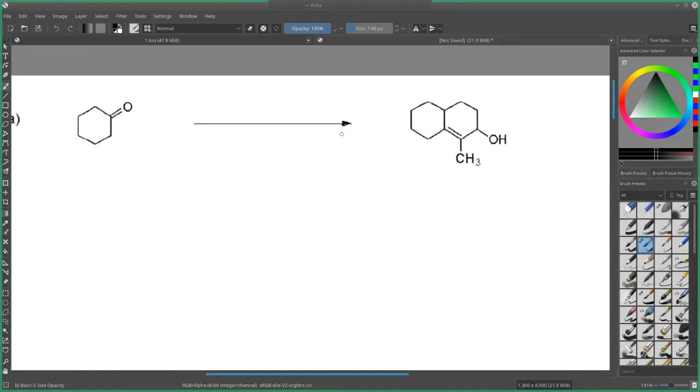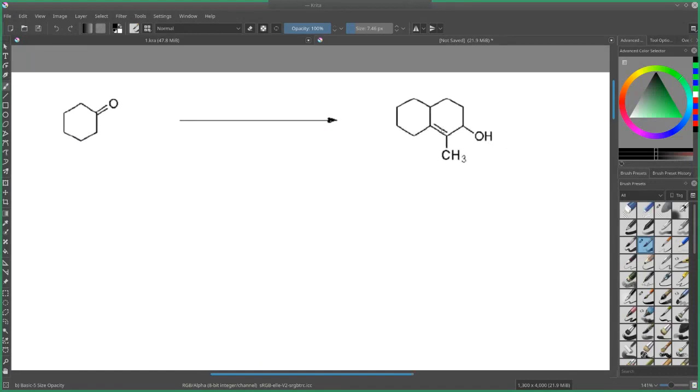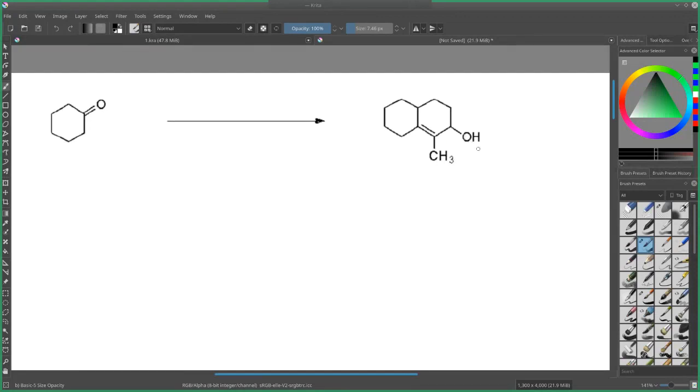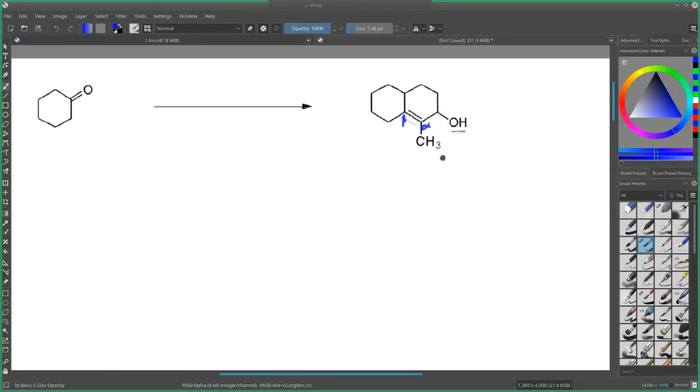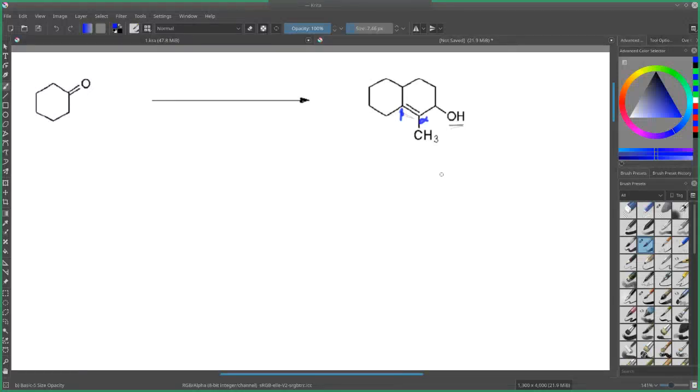Here's something that you might notice if you look at it. We've got this alcohol here, and it's right next to this double bond. So maybe if we were just a little bit luckier, we would have had alpha, beta, and this would have been a ketone. But fortunately we can do that, right?